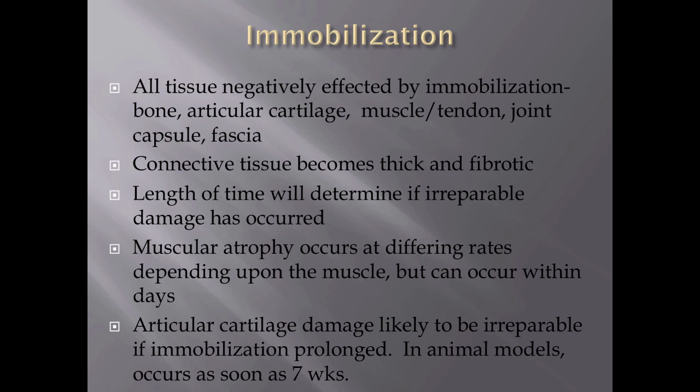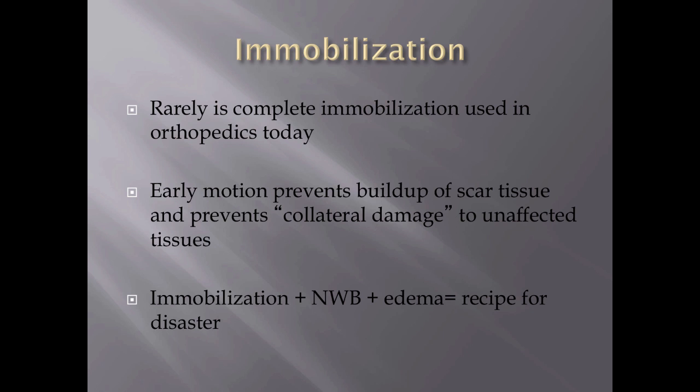We've gone from just a knee immobilizer to a hinged knee brace, because the articular cartilage will go downhill very fast, and it has a slow metabolism, and it'll return extremely slowly and maybe irreparably, which is going to lead to an early onset of arthritis for these individuals. So irreparable damage in animal models can occur as soon as 7 weeks. So we usually try to keep immobilization limited to ideally less than 4.